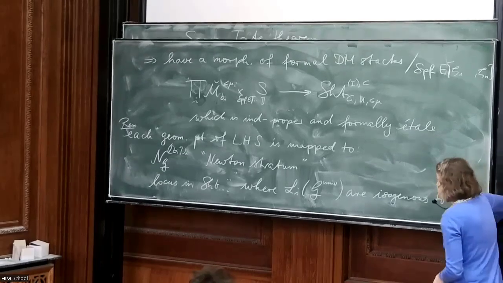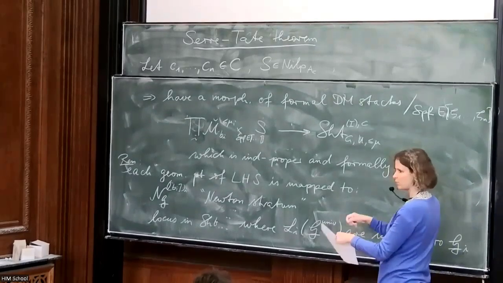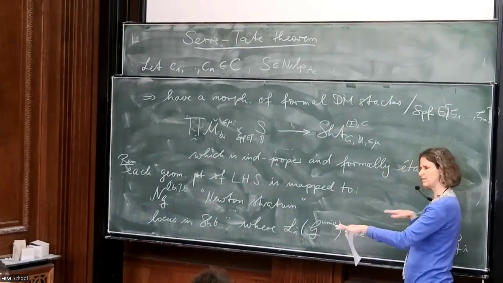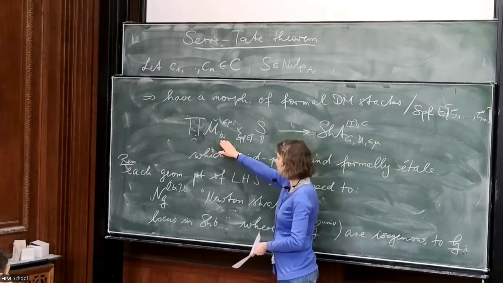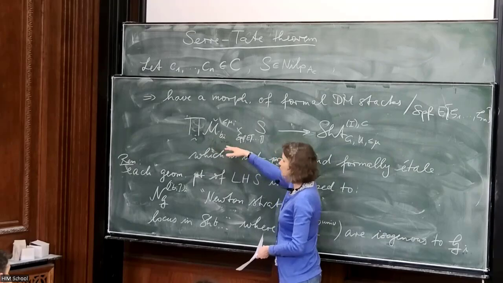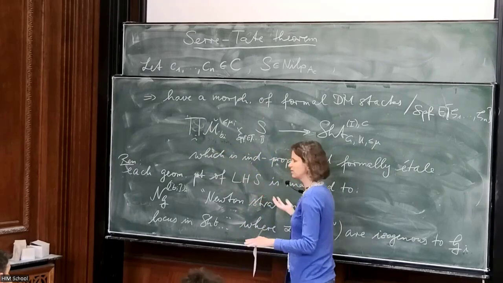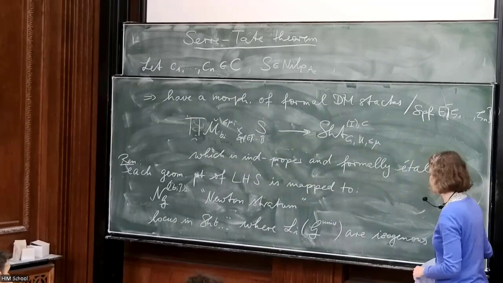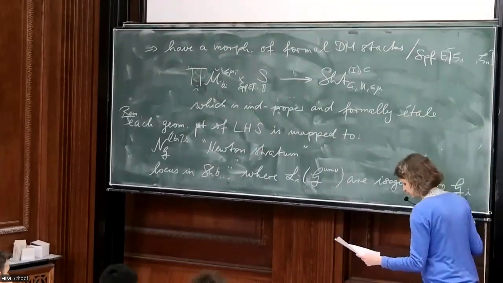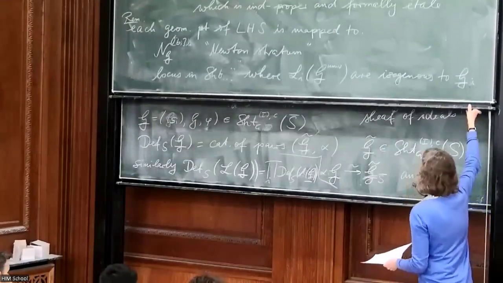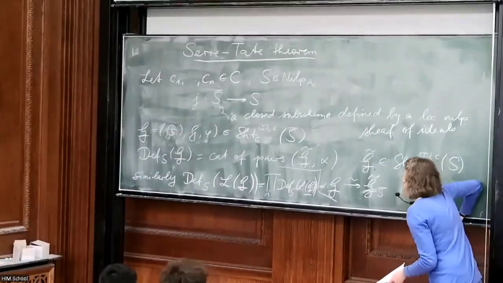The idea is that this map was constructed by taking the base point and then modifying at these n places using the quasi-isogenies that are given from the Rapoport-Zink space. And so in a natural way, you see that what you get locally is quasi-isogenous to what you started with, and so you end up being in this Newton stratum.